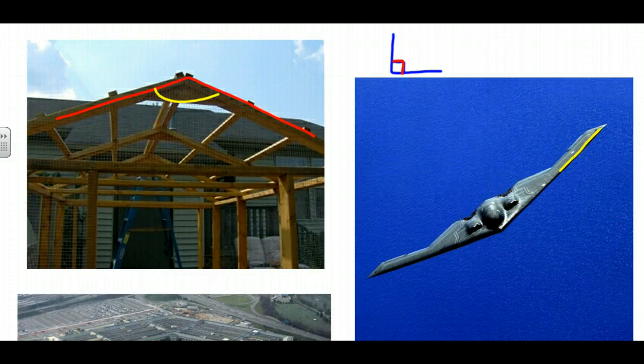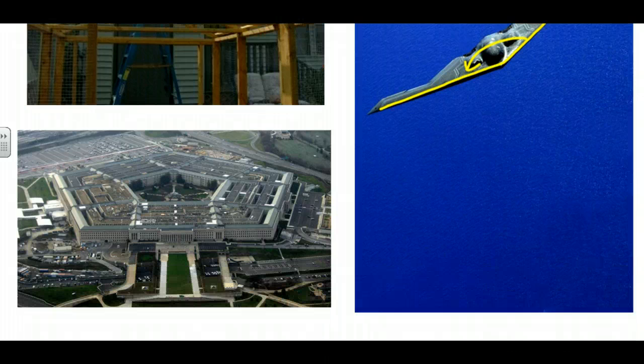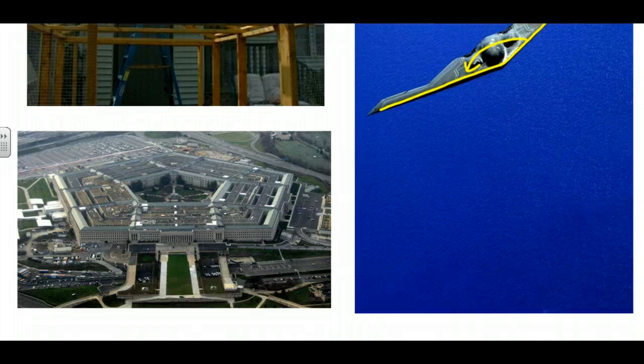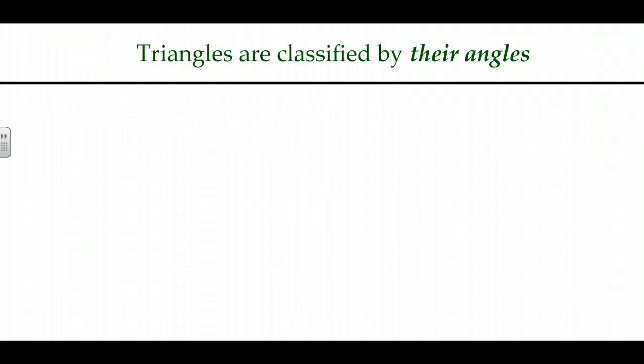The front of this stealth jet is well greater than 90 degrees. And finally, the sides and corners of the Pentagon in Washington, D.C., all of those corners also have obtuse angles.